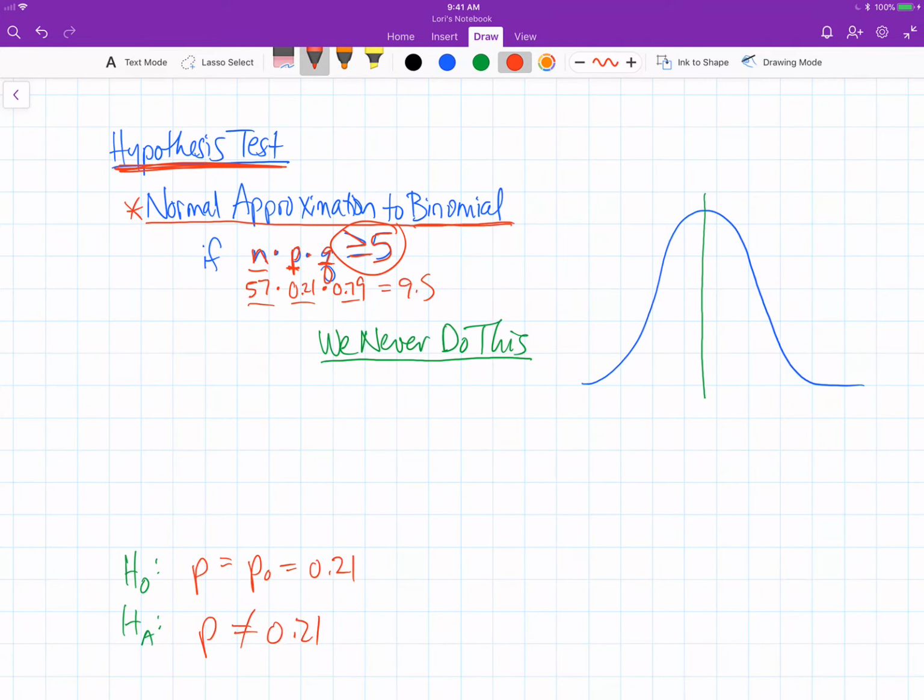We have a large enough sample size that we are able to use this particular distribution as the basis of our hypothesis test. Now you can imagine that if this number 57 got smaller and smaller, then this number also would get smaller, and at some point it would be less than 5. So it's not automatic that we get to use the normal approximation to the binomial. We have to meet this criteria in order to be able to use this test.